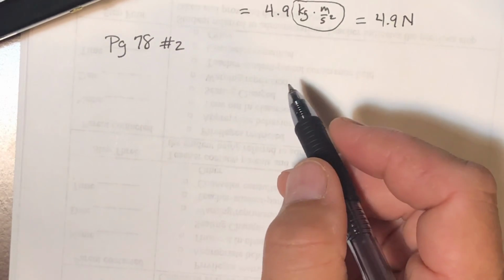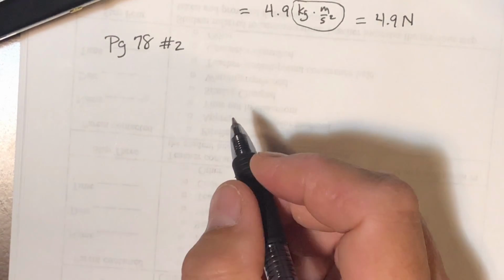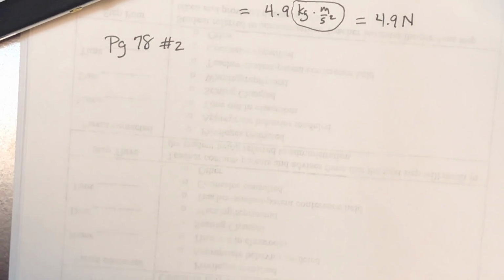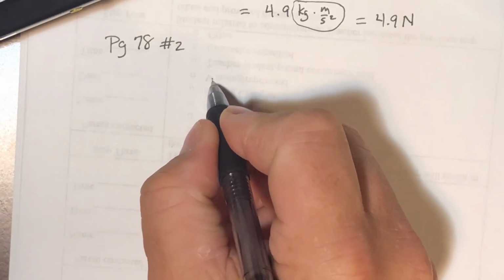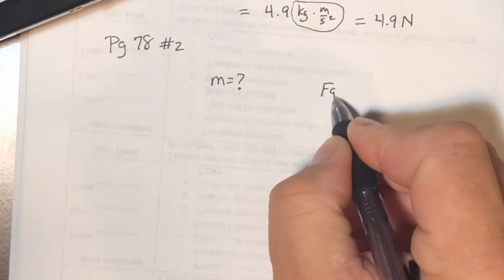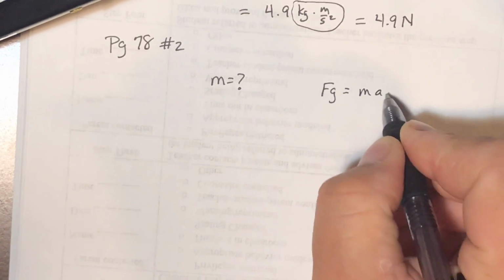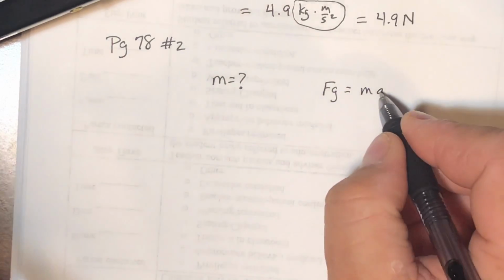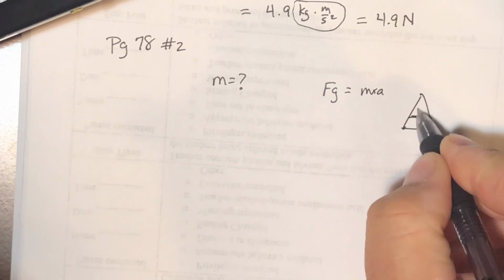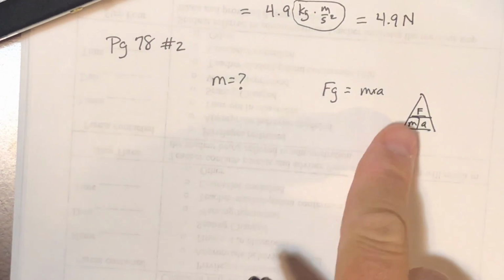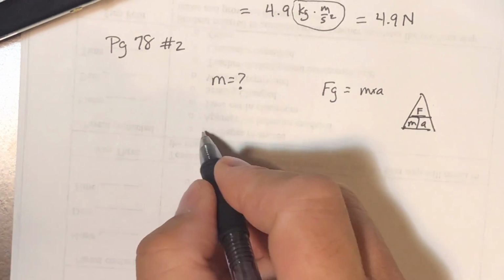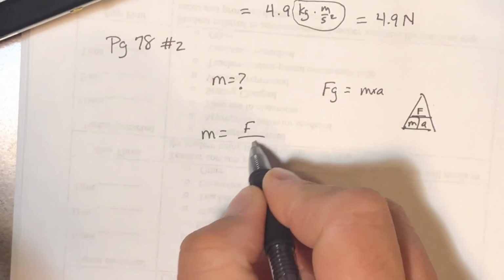So number 2. Again, we have a boy who weighs 400 newtons. What is his mass? We assume that this boy is on Earth. So again, we're trying to find the mass. We know that we're going to use this formula. We know we have this triangle. If we cover up the M, we know the F is divided by the A. So mass is equal to the force divided by the acceleration.